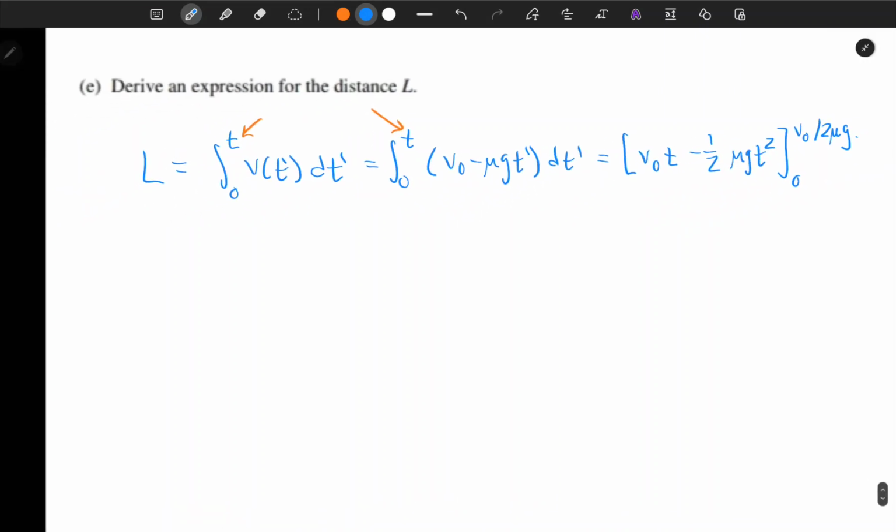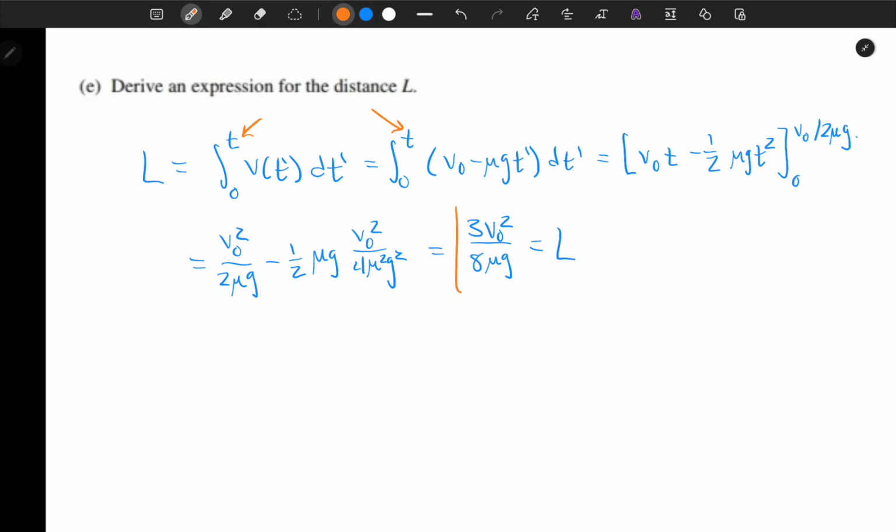Then, plugging in for the bounds, we find that L is equal to v naught squared over 2 mu g minus 1/2 mu g v naught squared over 4 mu squared g squared. And simplifying this slightly, we get an answer of 3 v naught squared over 8 mu g. And again, this is equal to L. So we've derived an expression for the distance L.